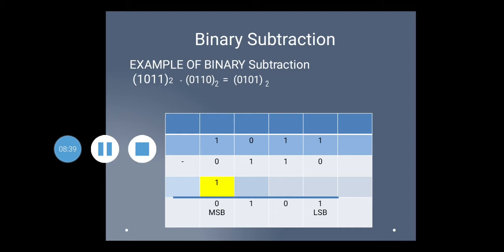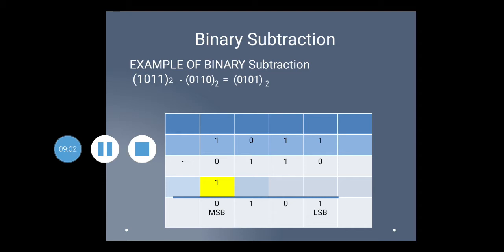So in this you can see the first number is 1011, and the second number is 0110. So it is written in this table. The first row is 1011, the second row is 0110. So we'll start subtracting from the LSB bit column.